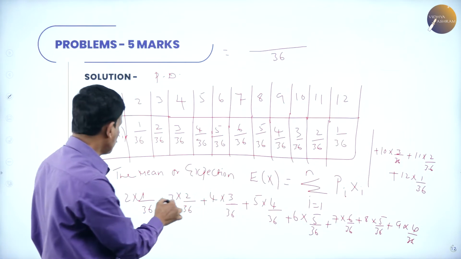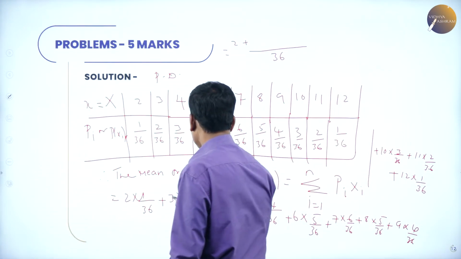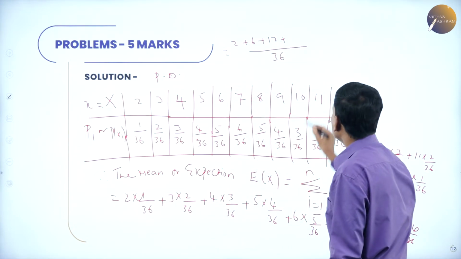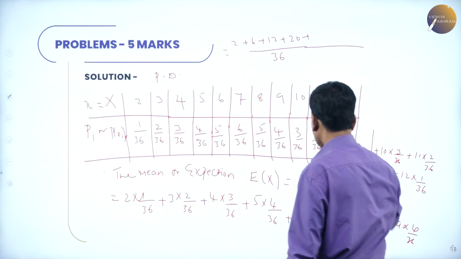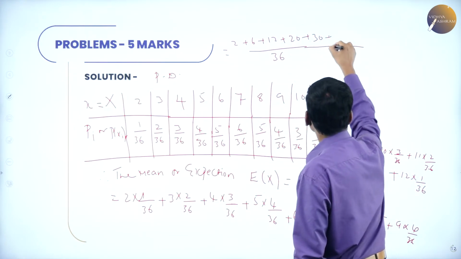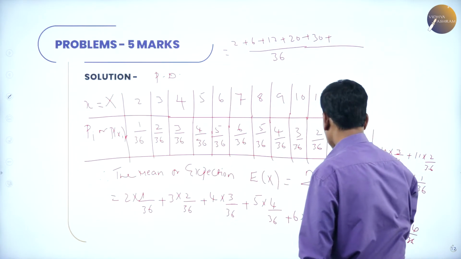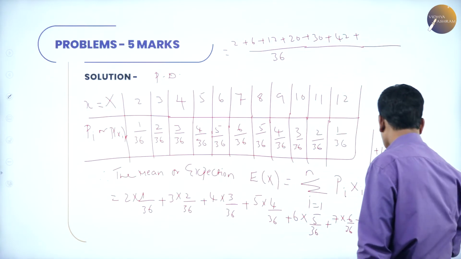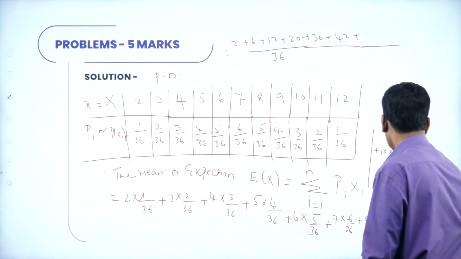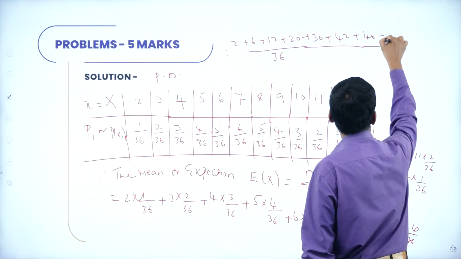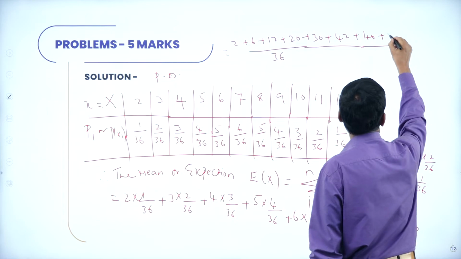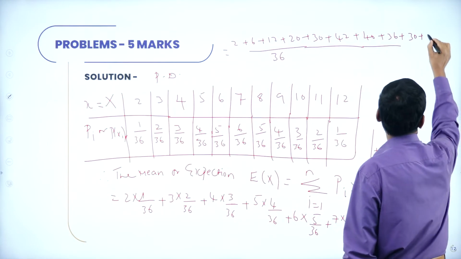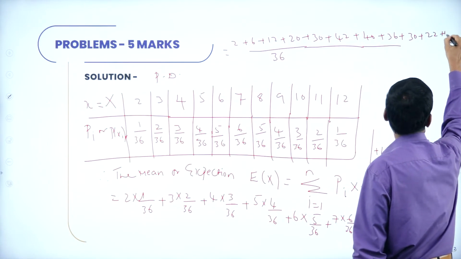In the numerator just multiply. 2 into 1 is 2, again 3 into 2 is 6 plus 4 into 3 is 12 plus 5 into 4 is 20 plus 6 into 5 is 30 plus 7 into 6 is 42 plus 8 into 5 is 40 plus 9 into 4 is 36 plus 10 into 3 is 30 plus 11 into 2 is 22 plus 12.